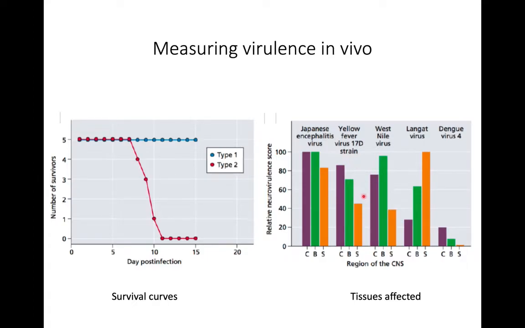We see that this is less on all counts with yellow fever. We see differences with West Nile, where it's the brainstem that's mostly affected, and dengue is not really neurovirulent at all. So we don't really see any neurovirulence in any part of the brain. So even though these are closely related viruses, they have very different patterns of virulence on the CNS.